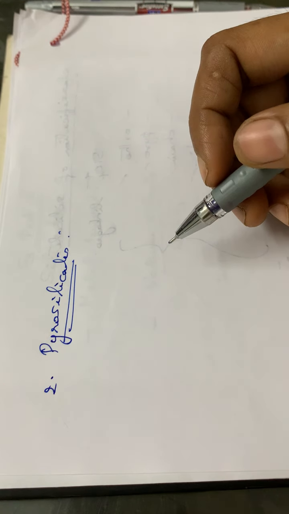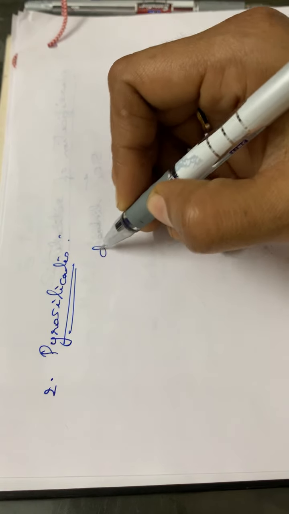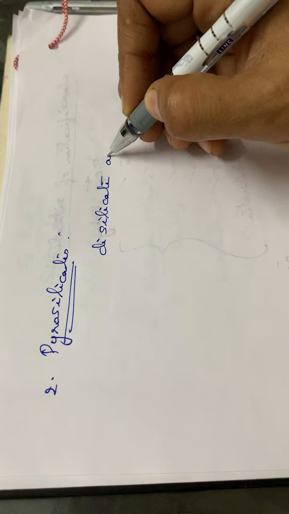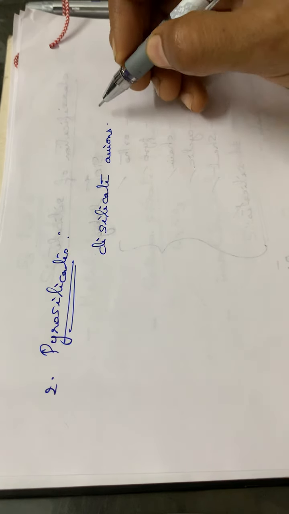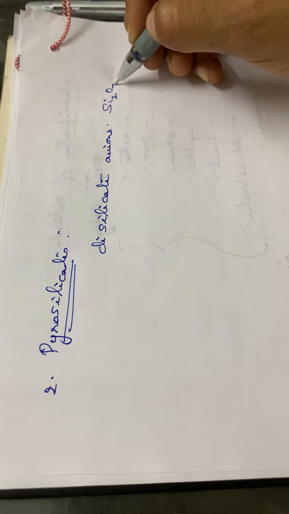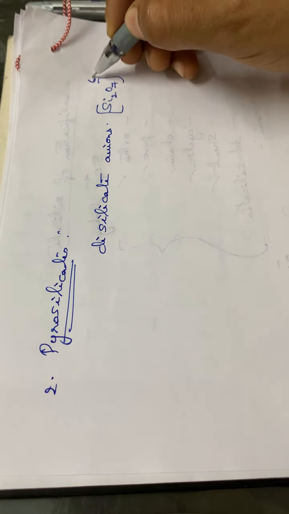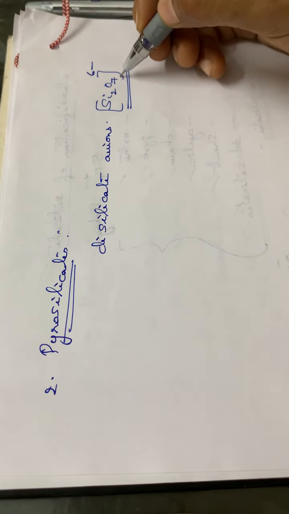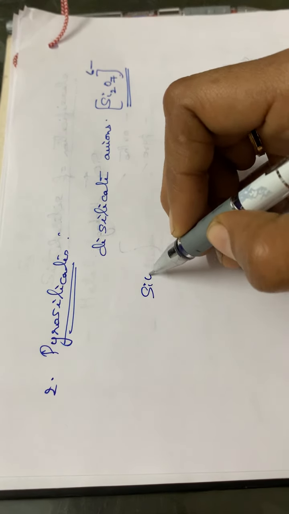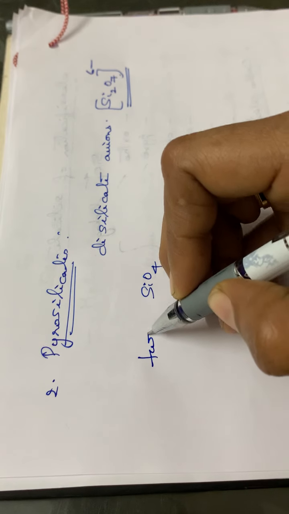Pyrosilicates will have disilicate anions, which means the units will be like this: Si2O7 6-. Here two SiO4 units will be joined together.